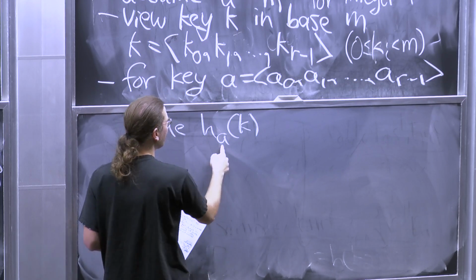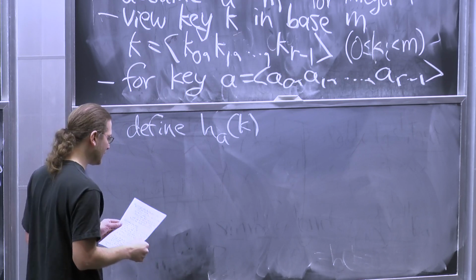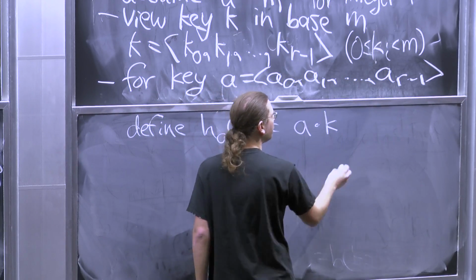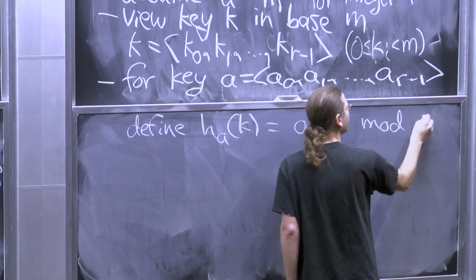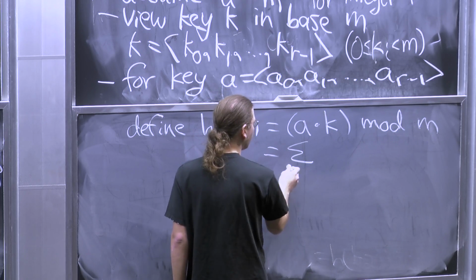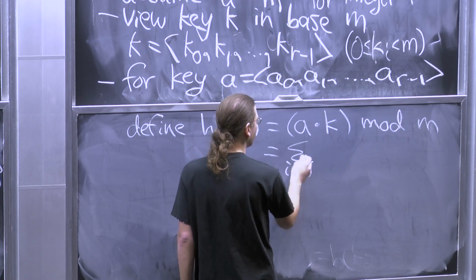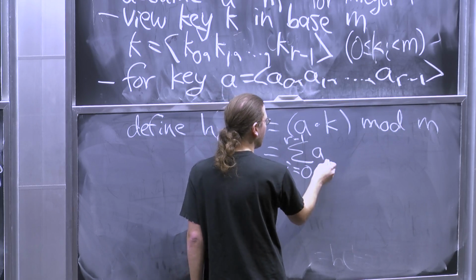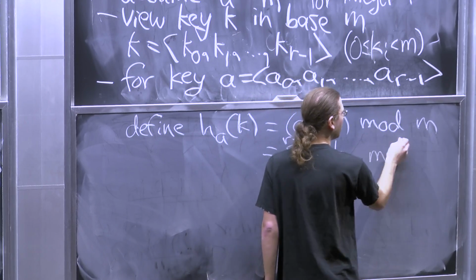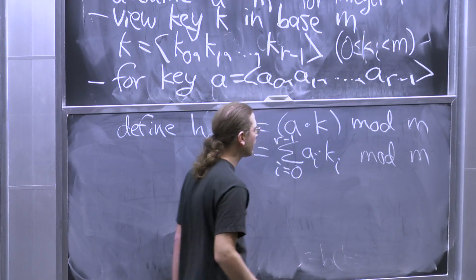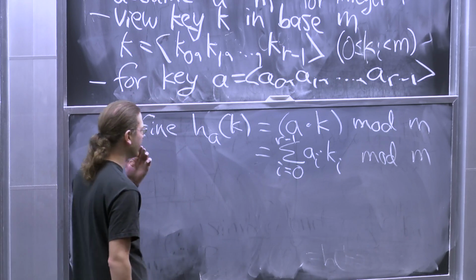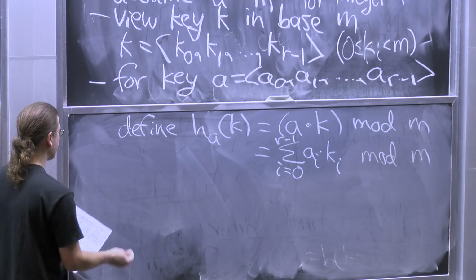This is parameterized by a, but it's a function of a given key k, as the dot product of those two vectors mod m. Remember, dot product is just the sum from i equals 0 to r minus 1 of a_i times k_i. I want to do all of that modulo m. We'll worry about how long this takes to compute very soon.